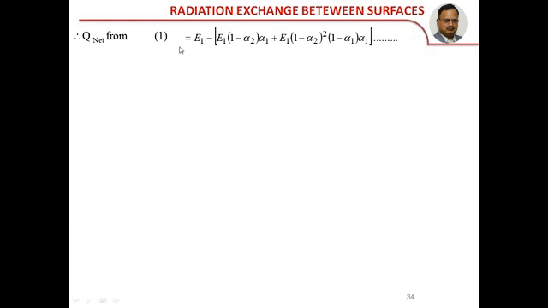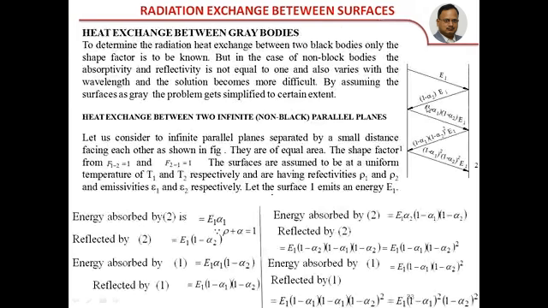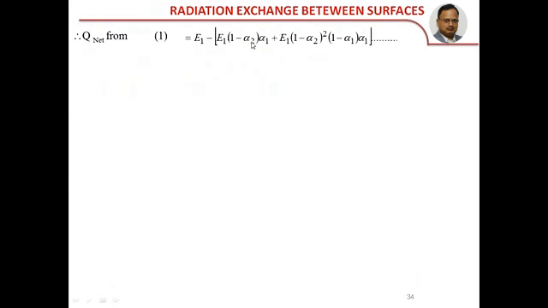And I can say now the net heat from 1 is E1. You can see, look here, E1 and the amount reflected back, E1 into (1 minus alpha 2) into alpha 1 plus E1 into (1 minus alpha 2) square into (1 minus alpha 1) into alpha 1, etc.